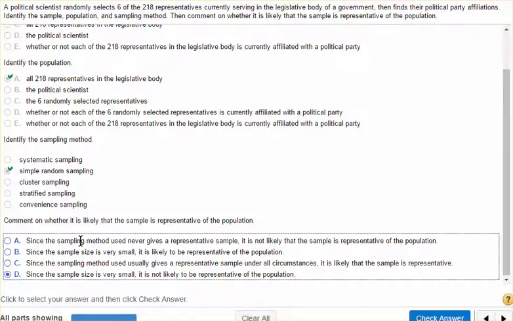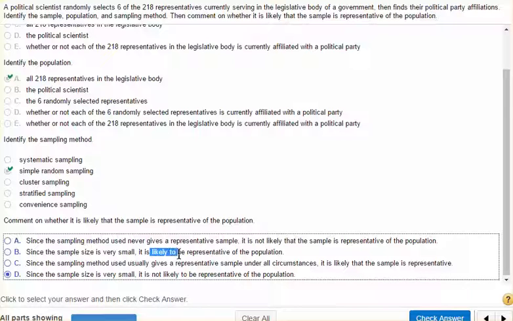Let's check the other things. It says, since the sampling method used never gives a representative sample, it's not likely that the sample is representative of the population. I'm going to say no for A. B, since the sample size is very small, yes it is likely, no, it's not likely, it's unlikely.